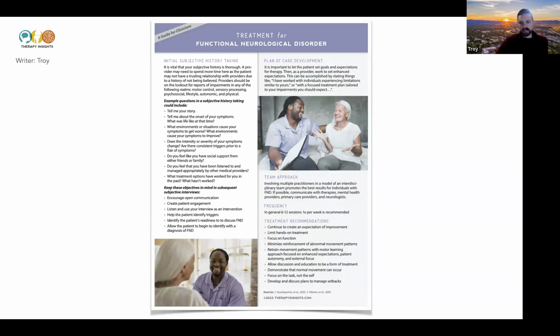Now, in that other resource and in our article review, we'll talk about different tests and measures you can do to assess this. There's what's called a Hoover's sign, which is, more or less, like Ross had mentioned earlier, a way to see if this motor strength problem is normal in the sense that it's always weak, or whether there are things you can do to provide external focus where strength improves.